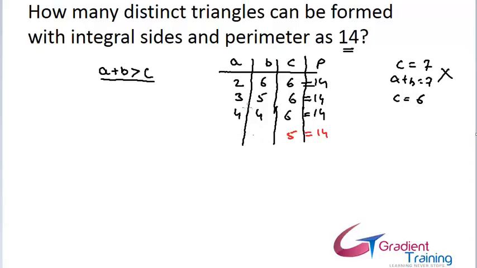But then it will not be a unique triangle because we have already counted 3, 5, 6. 3, 6, 5 will only change the order in which we look at the sides, but it will not result in a unique triangle. A unique triangle means 3 sides different from the triangles that we have already counted. So 3, 6, 5 is out of the question. Next comes 4, 5, and that is another unique triangle: 4, 5, 5 is a possibility, and after that we don't have any triangle with the longest side being 5.